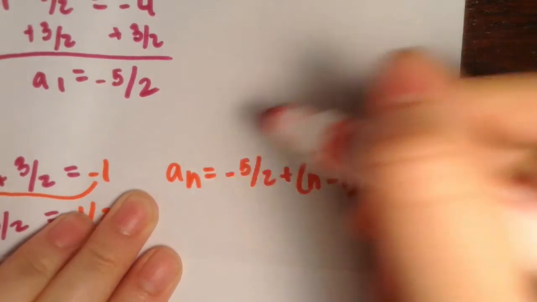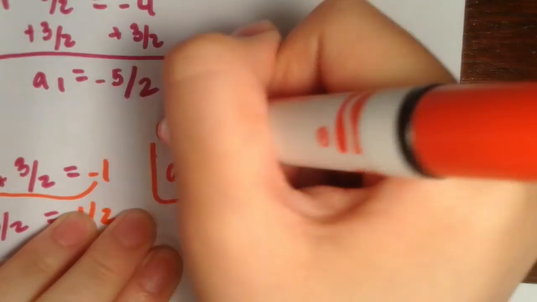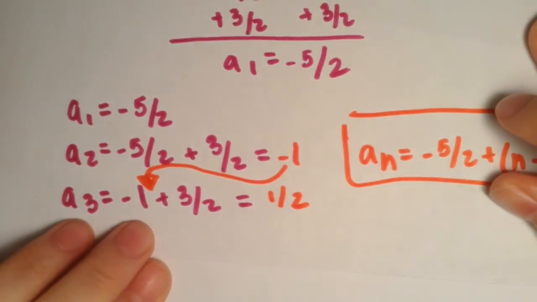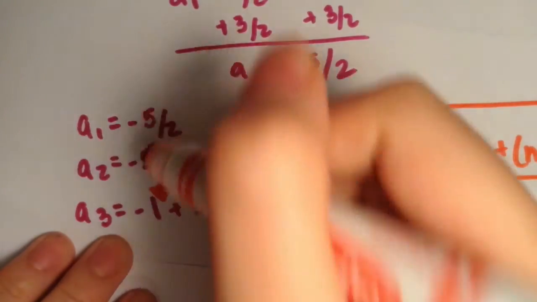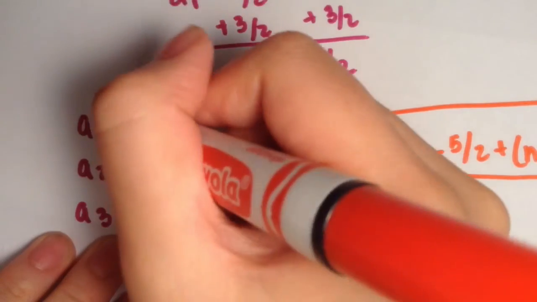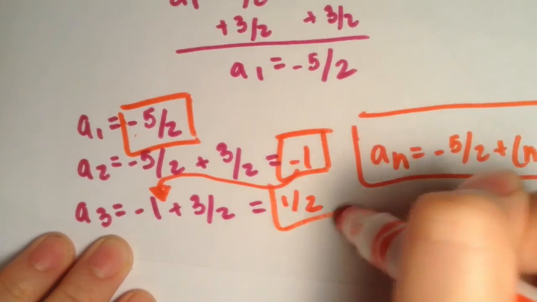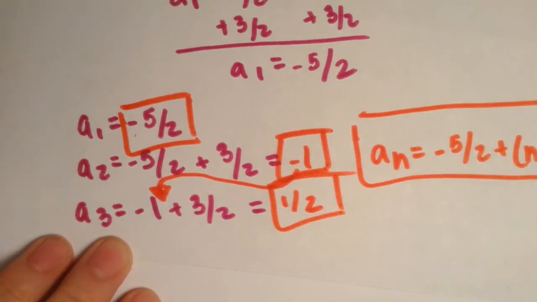We're done. This is what we're looking for, the nth term and the first 3 terms. So there you are. And that's it.